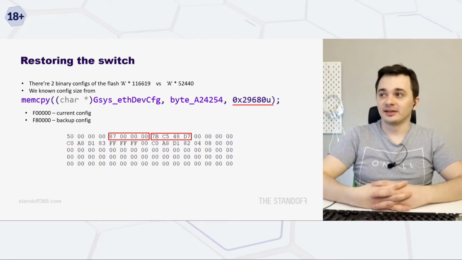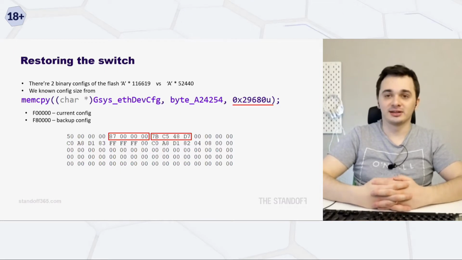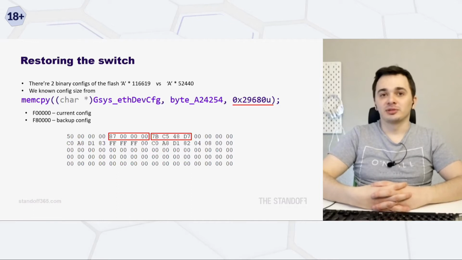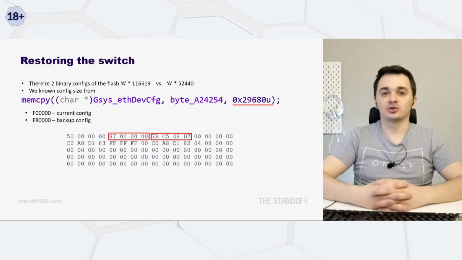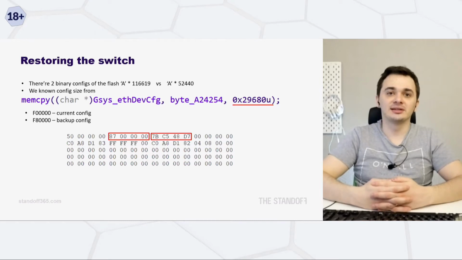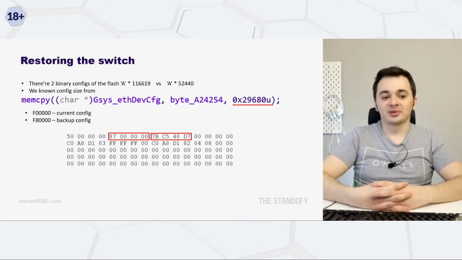One was overwritten with letters A for 52,000 bytes and another for 116,000 bytes. This happened because one of these configurations was the current one, while the previous one was a backup, so we could potentially restore to it.